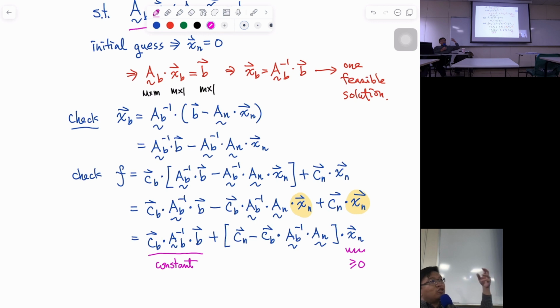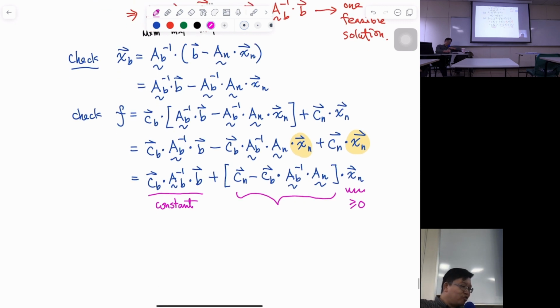If I want to decrease the objective function, I hope the coefficient right here is negative. I want this coefficient to be negative.